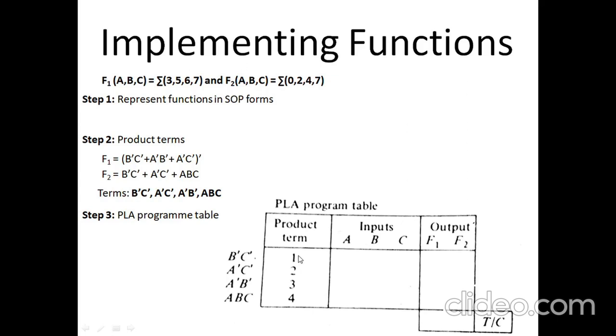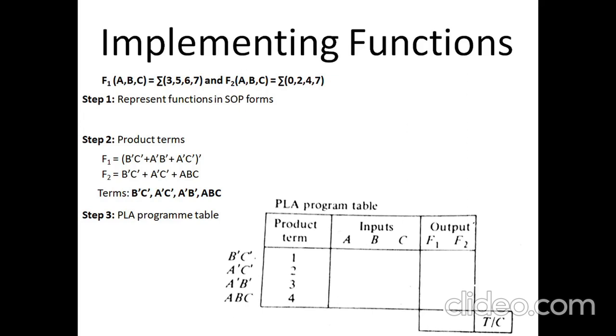Just to remember, product term number 1 is B prime and C prime, so we write them to the left of the product term column. And in the inputs column, there are 3 sub columns because we have 3 inputs A, B, and C.